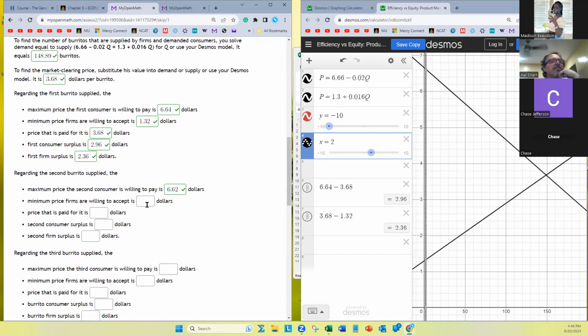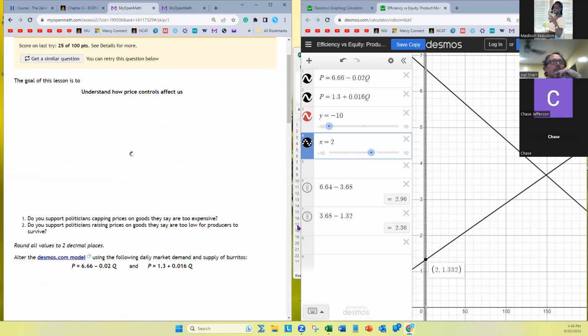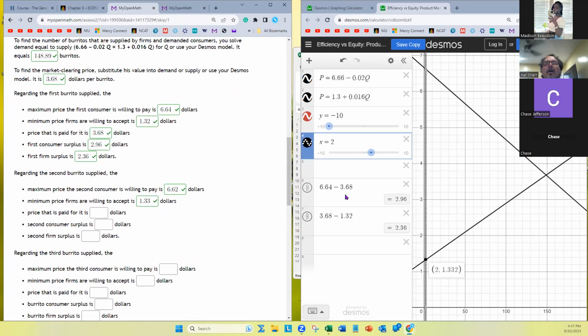And then the minimum price firms are willing to accept to produce that second burrito, in my case, is $1.33. See that? $1.33. Okay. And then all I have to do is change this right here, 664, to 662, and change this to 133, right?